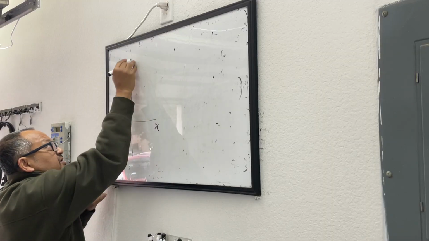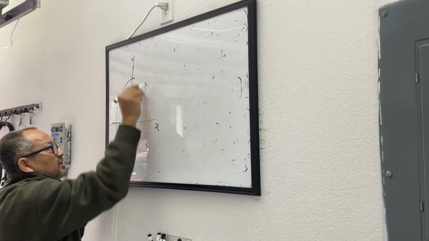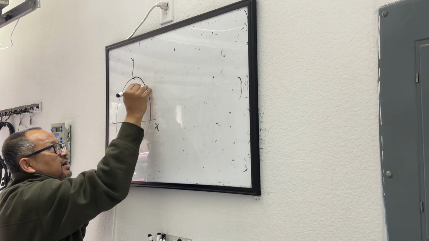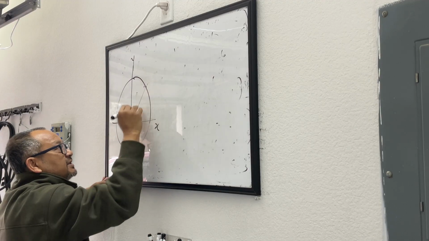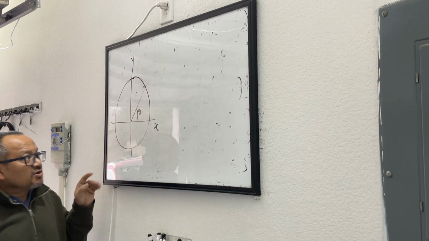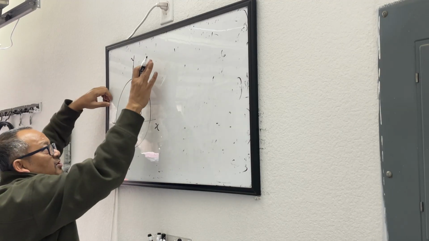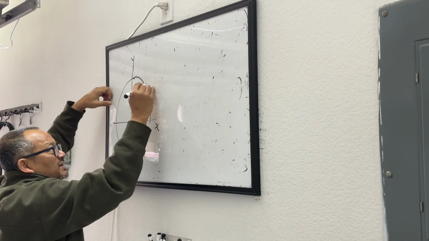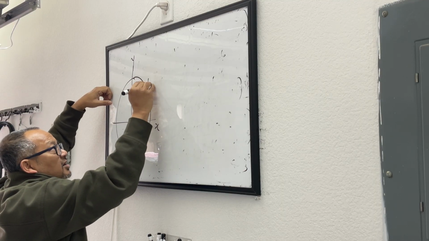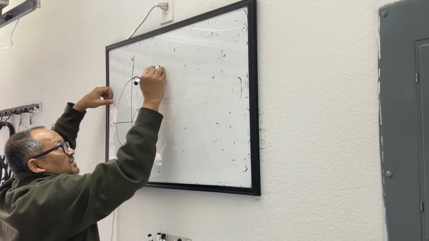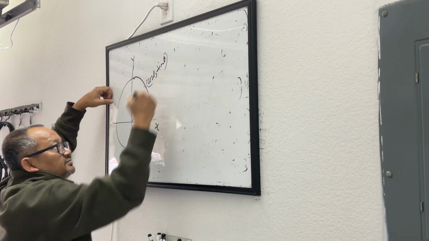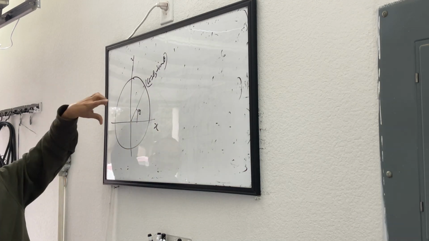This is your x-axis, this is your y-axis, and if I am picking a point on a unit circle, this is the angle theta I am making. So my x and y coordinates here are cos of theta, sine of theta. It's a unit circle.